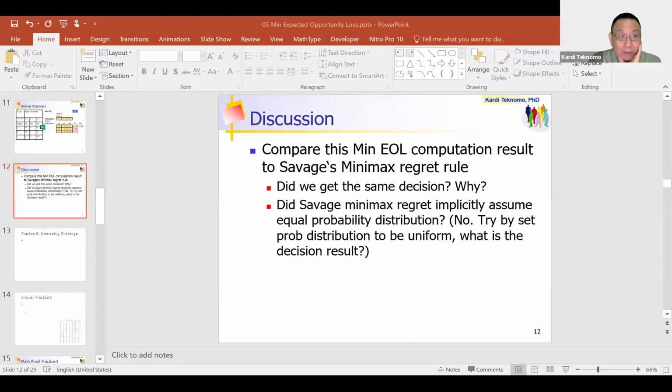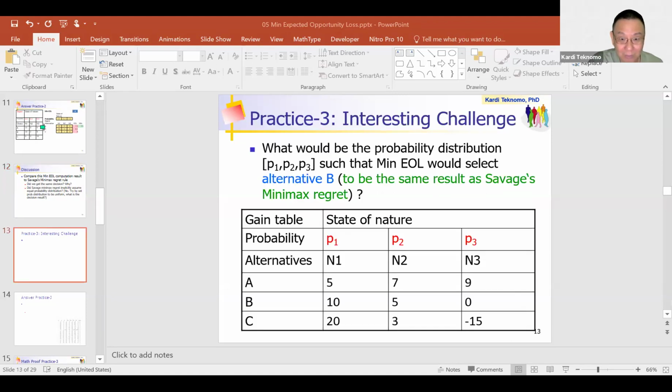Interestingly, if you compare this result, the minimum EOL, minimum expected opportunity loss, with the Savage minimax regret, you did not get the same decision. Even if you use any probability distribution, you cannot get alternative P. Let's say instead of setting the value, we put P1, P2, P3.